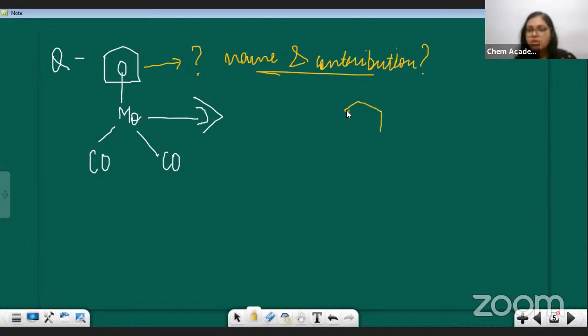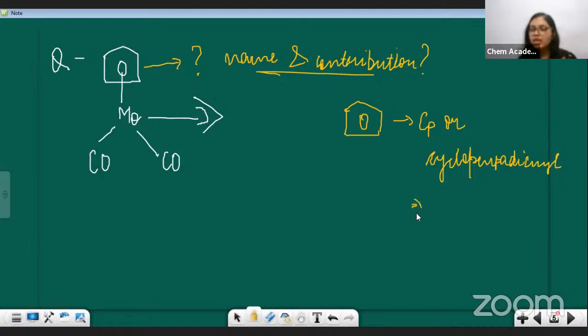See, now I'm going to tell you something important about CP. Now its contribution here, or I can say its hapticity, is going to be 5.